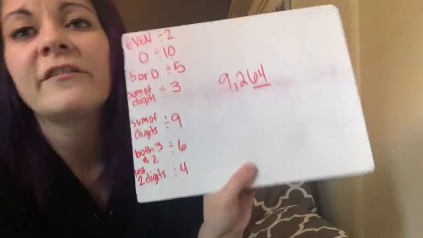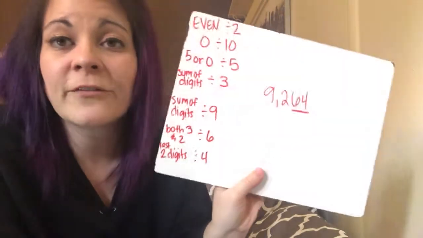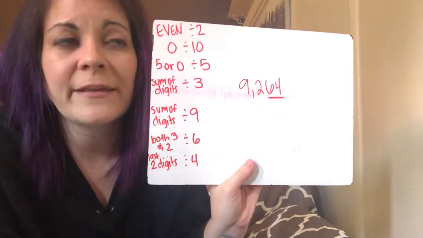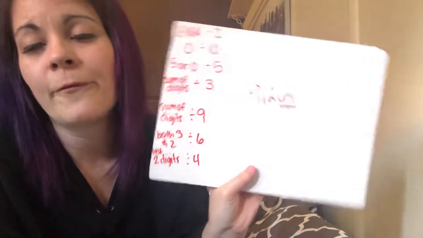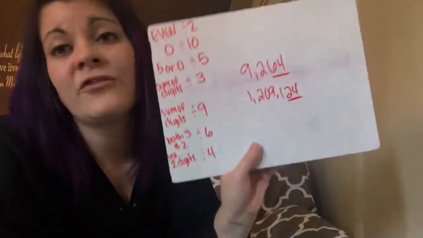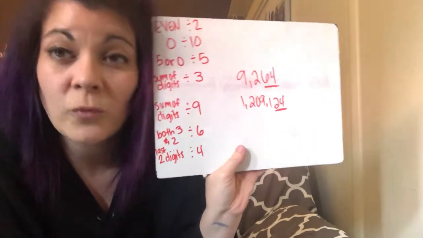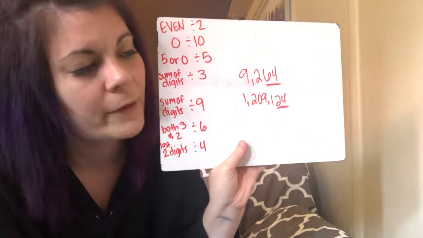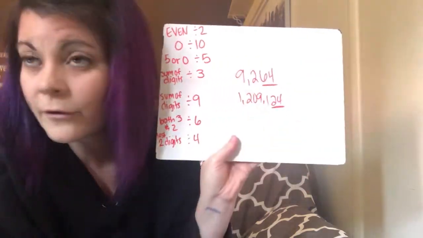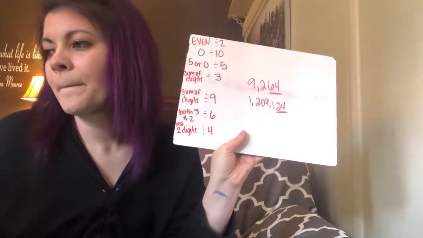The last 2 digits, 64, are divisible by 4, which means that 9,264 is divisible by 4. Or what about 1,209,124? The last 2 digits here are 24, and we know 24 is divisible by 4 because 4 times 6 is 24. So this whole number is also divisible by 4.